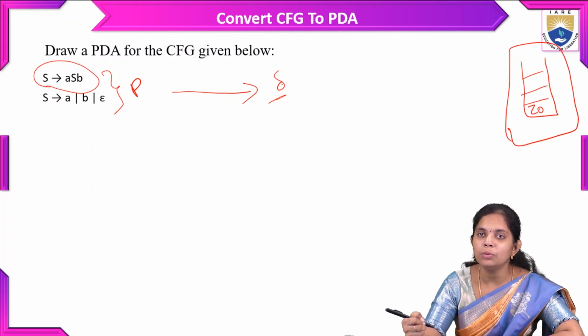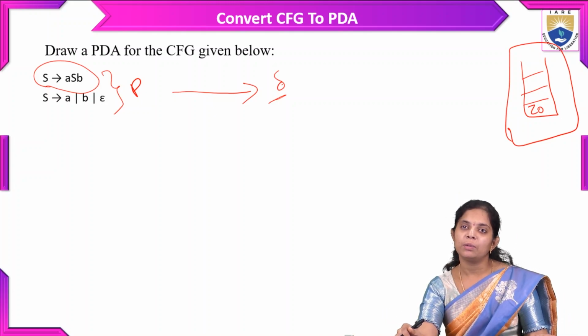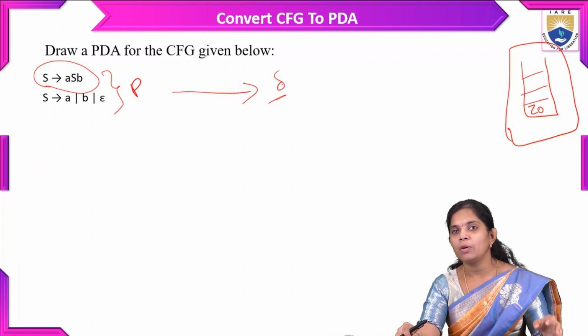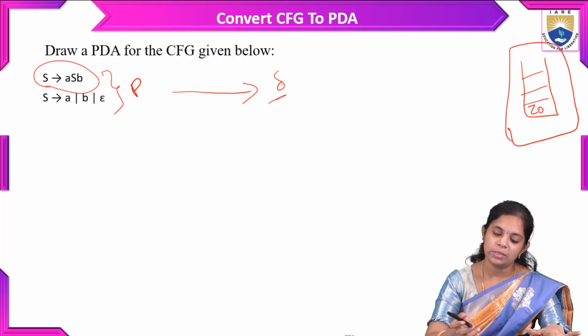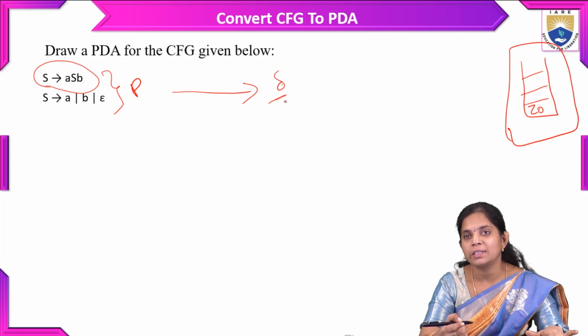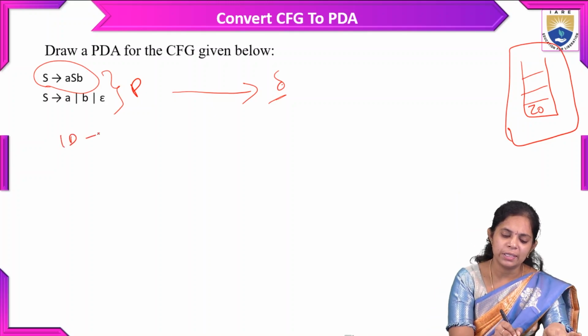We already discussed the pushdown automata construction in the previous videos, and now we will convert this grammar into a pushdown automata. This pushdown automata needs the transition function. So what is this transition function? This is represented with the ID.